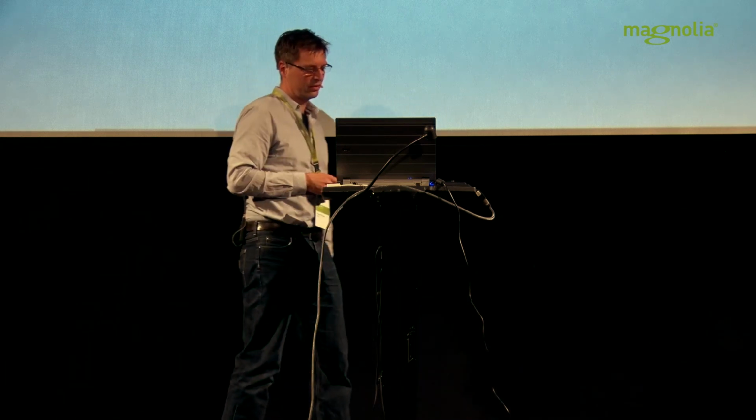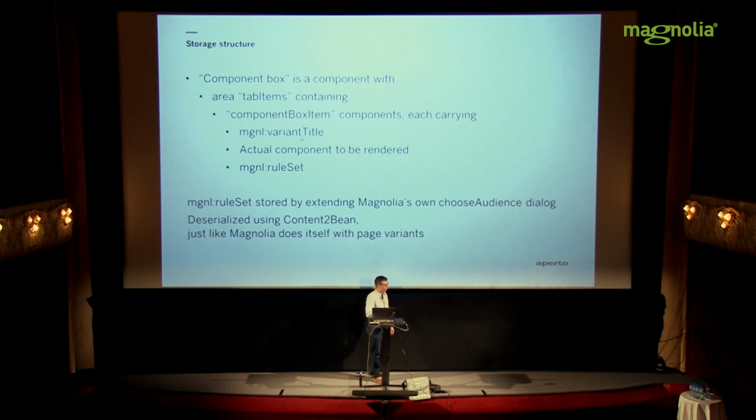There exists a configuration called tab audience, and we are simply extending that one for storing this rules information. Same way as Magnolia does it, and I hope that Magnolia and Aperto will collaborate a bit on how the future storage structure will look like.